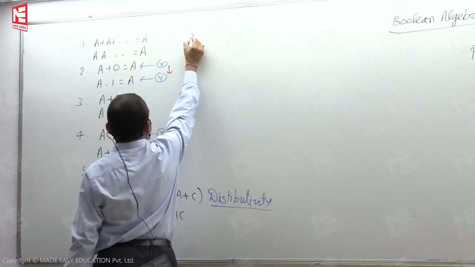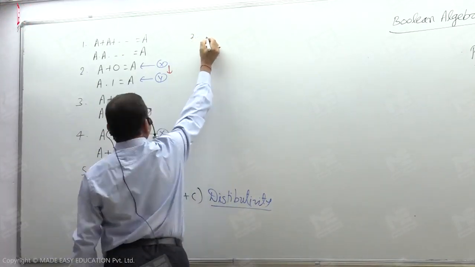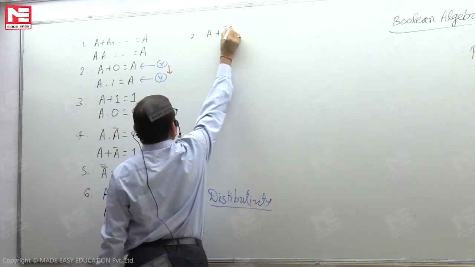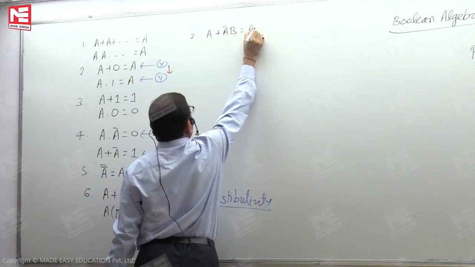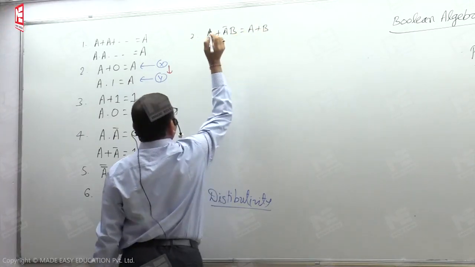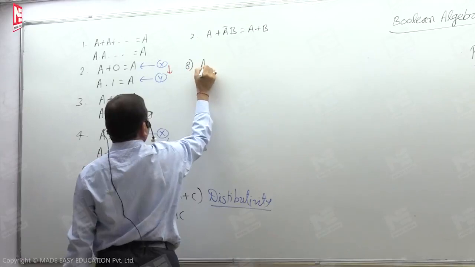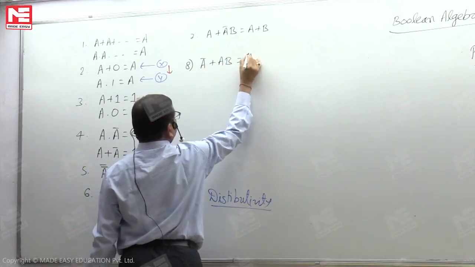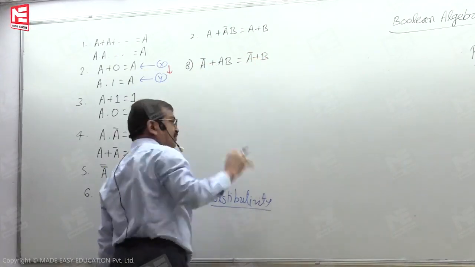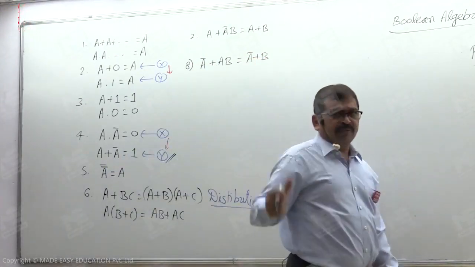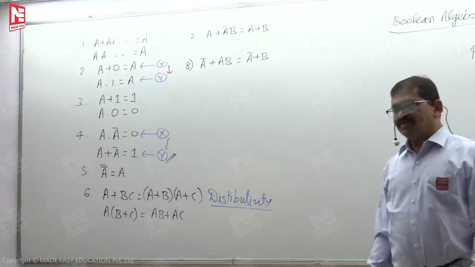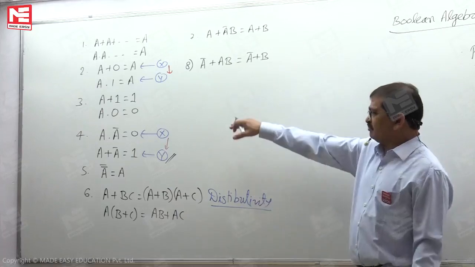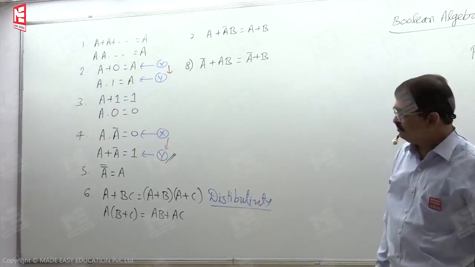Let's go on listing a few more relations. A or with A complement B is A or B. Similarly, A complement or with AB is A complement or B. It is possible to verify these relations with the help of distributivity and, of course, a few other earlier properties.